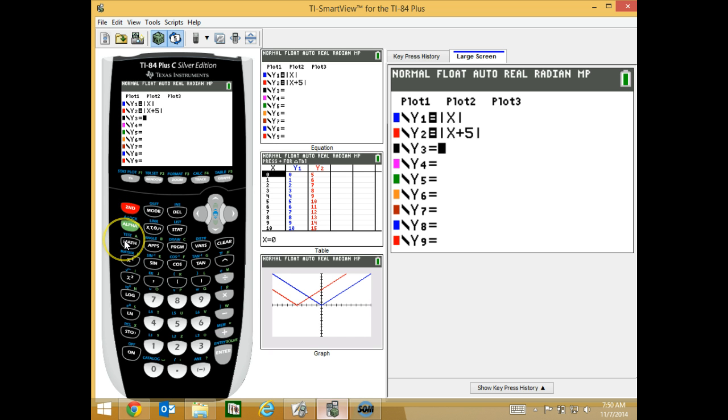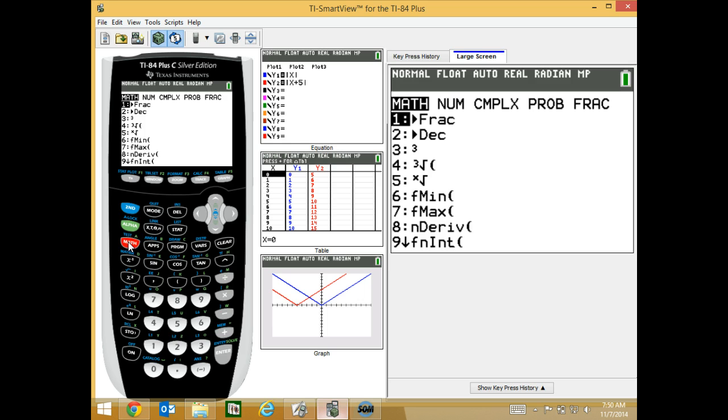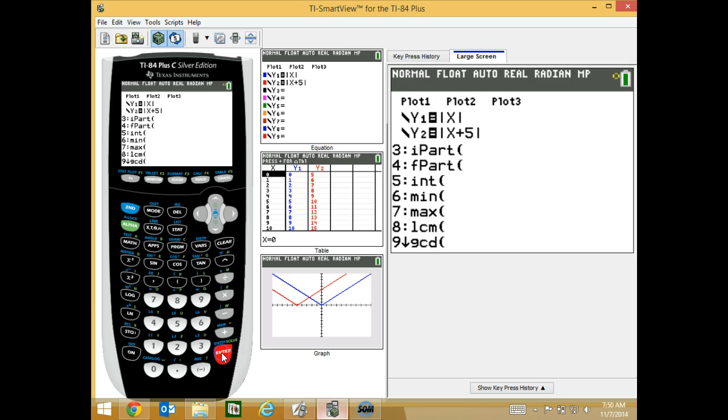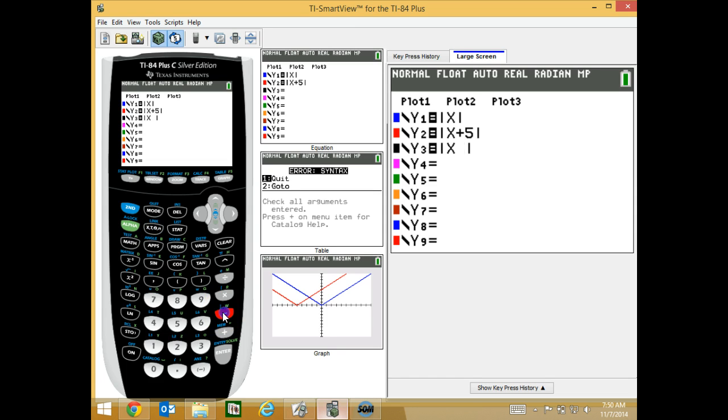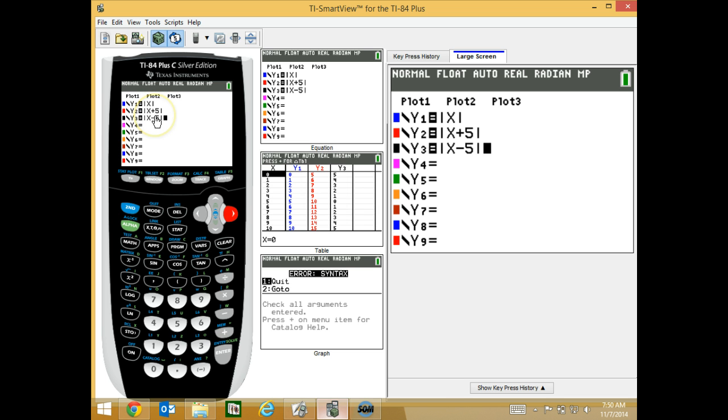So, we're going to go to math, right arrow to number first, and now inside the absolute value we're going to put x minus 5. And some of you may realize, well, adding 5 moved it to the left. I'm guessing subtracting 5 should move it to the right.